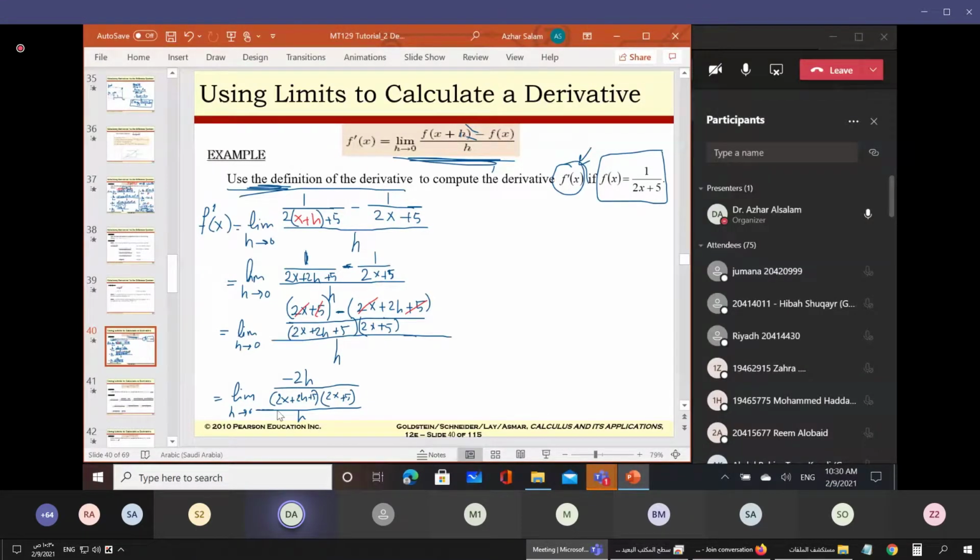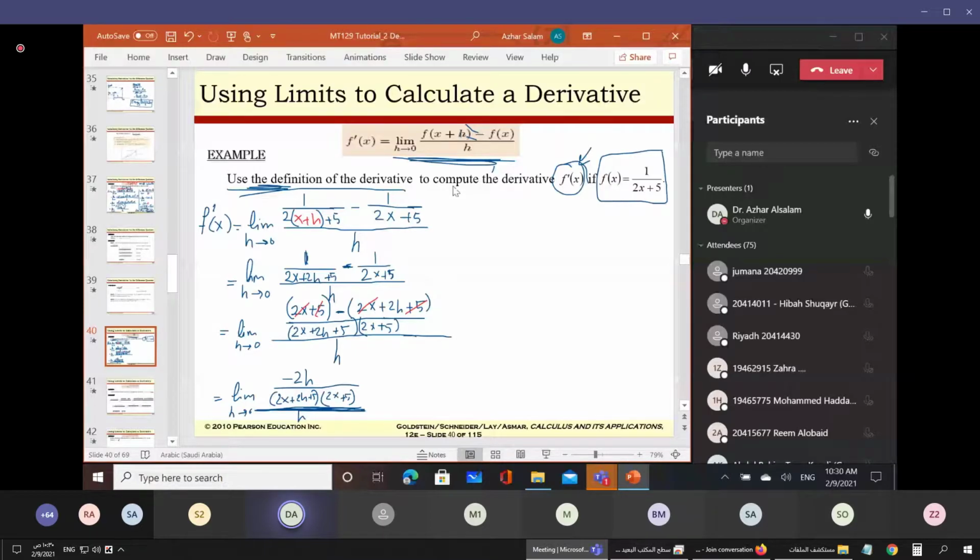Now I have here a big quotient. Okay, this is the main quotient. If I want to divide two rational numbers together, I multiply by the reciprocal. Dividing fractions means multiplying by the reciprocal of the denominator.